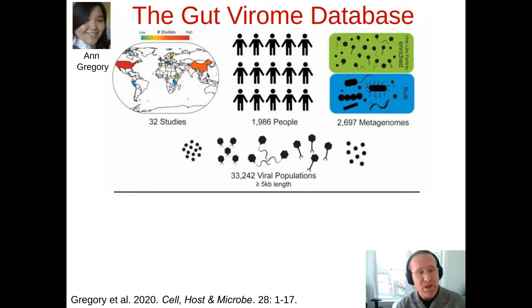And in this, we basically took all published studies, 32 published studies of virome data and then microbiomes that have not yet been mined for viruses, 2,000 people, 2,700 metagenomes, some bulk metagenomes, some virus-like particle enriched. And out of that, we identified 33,000 viral populations, which is a species level designation. So a single paper presenting 33,000 viral species.